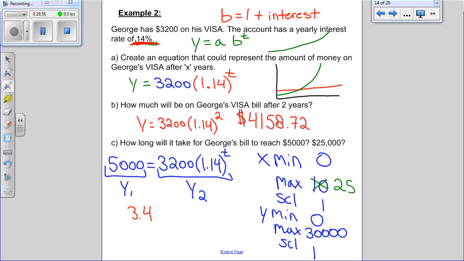It's not until the 4th year that it actually happens. So I'm going to say the answer is 4. And it wouldn't be 5,000 exactly, it would be more than 5,000. Right? It would be 5,200 or something like that. But it never hit 5,000 in the 3rd year. You had to wait until the end of the year for it to calculate. So it took 4 years to calculate to get to 5,000.